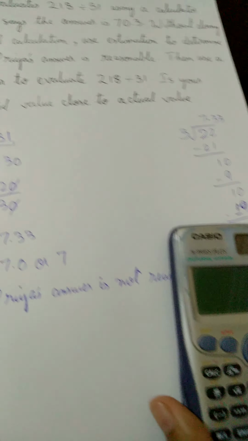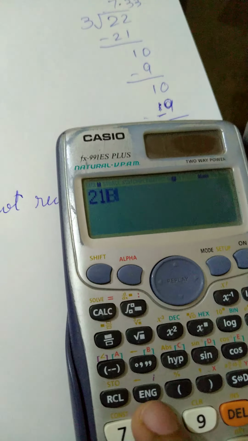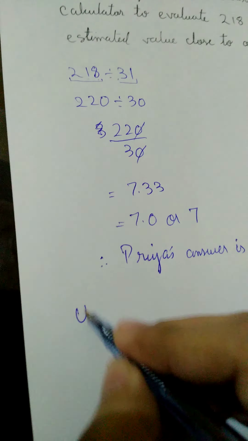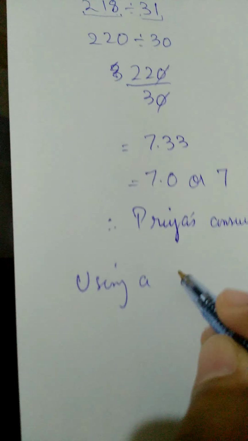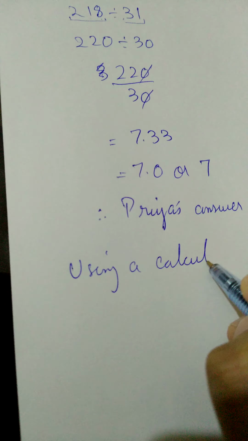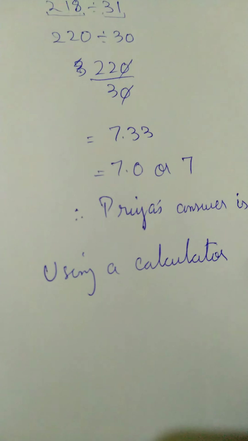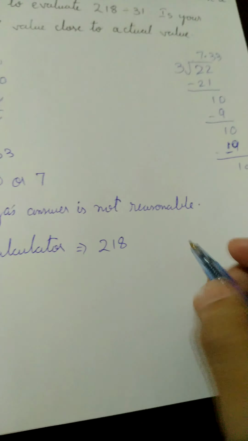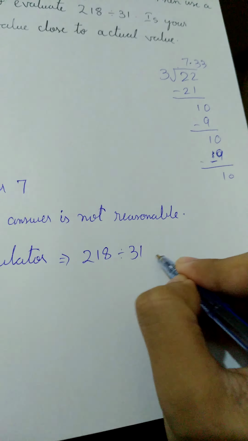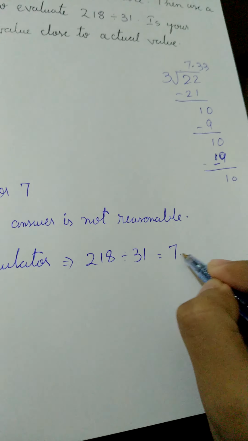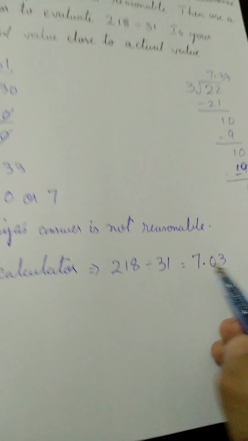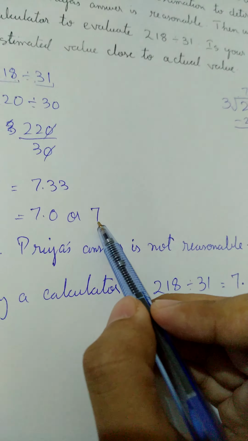The answer using a calculator, 218 divided by 31, equals 7.03. Again, only 3 significant figures are required. So the actual answer is 7.03. The answer which I got was 7.